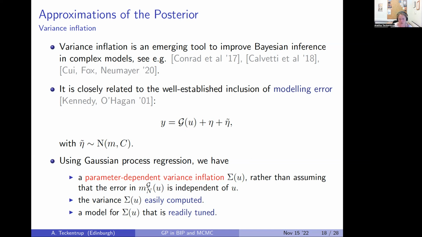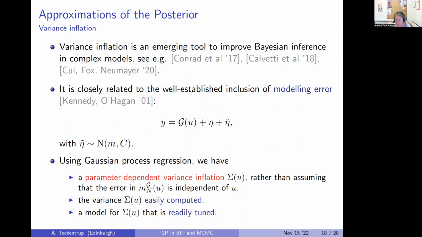So for simplicity, you assume that it's independent of u. But the difference between your surrogate model and the true model would typically depend on u. And so having this dependence on u makes more sense intuitively, assuming that the error in your surrogate model is also dependent on u.